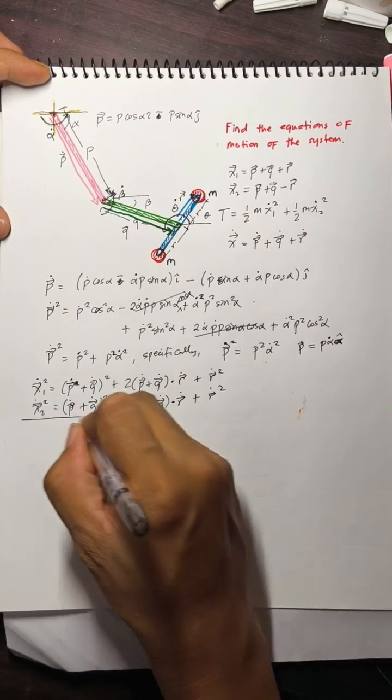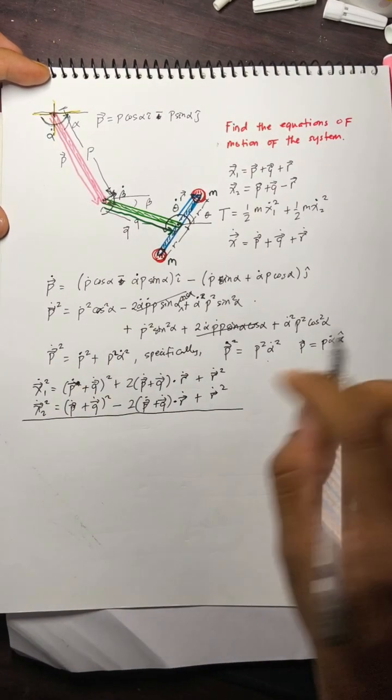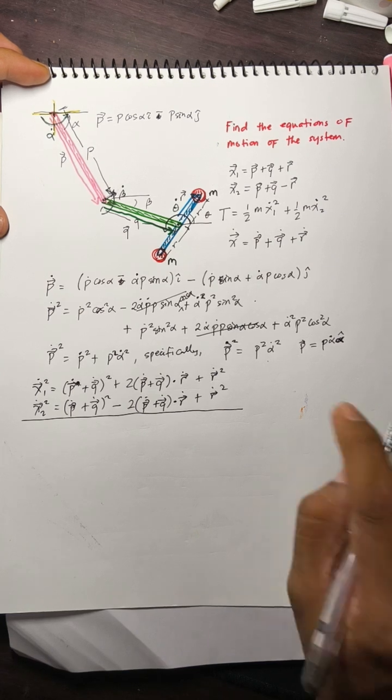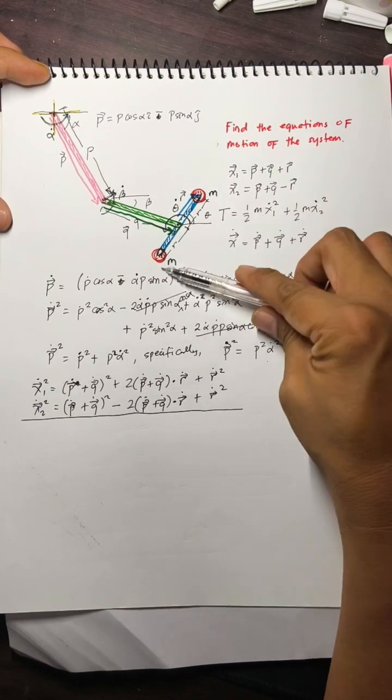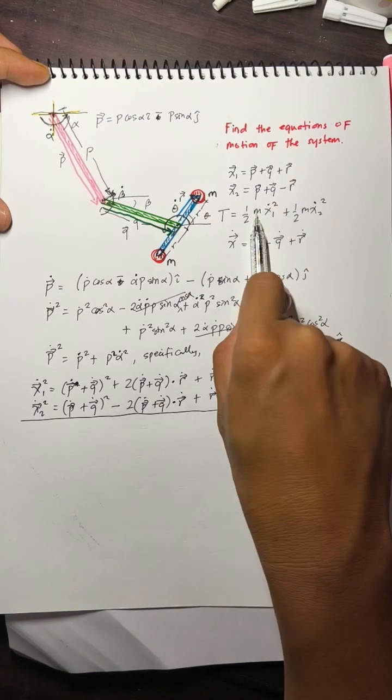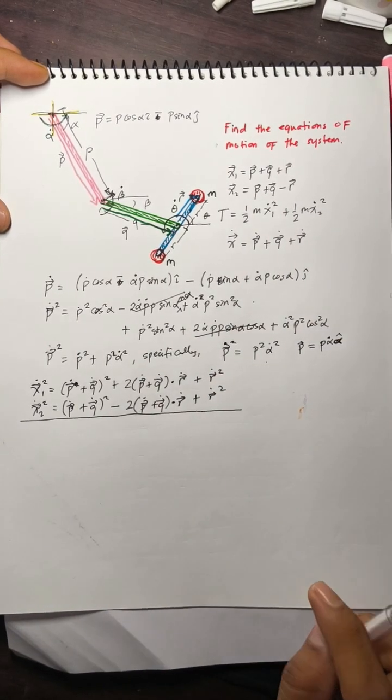And notice that this will cancel out. Since we have the same masses, the sum of the kinetic energies here is just the same, so we can just combine this.